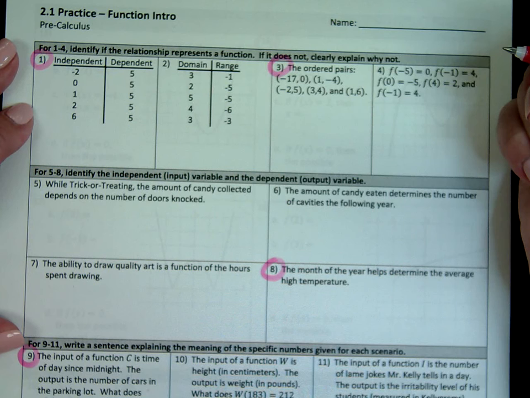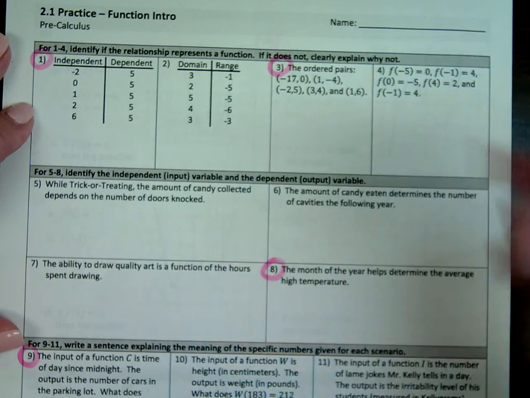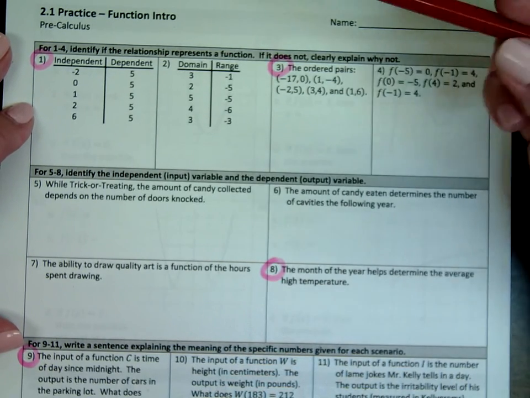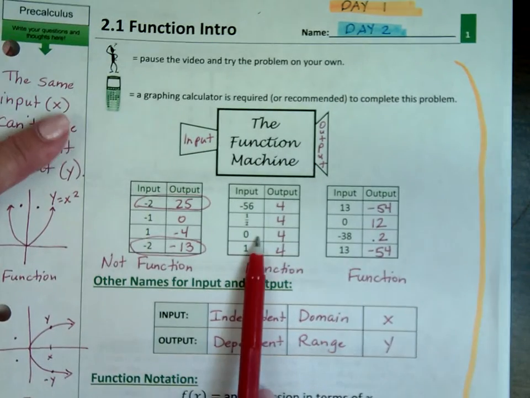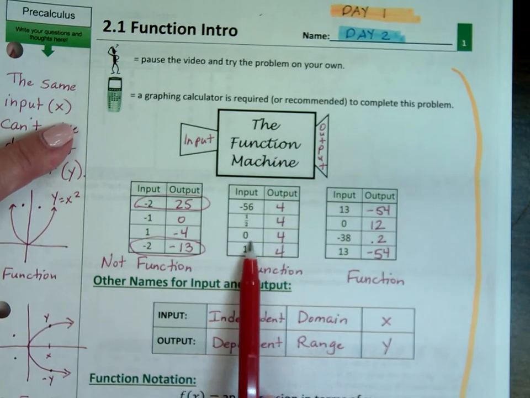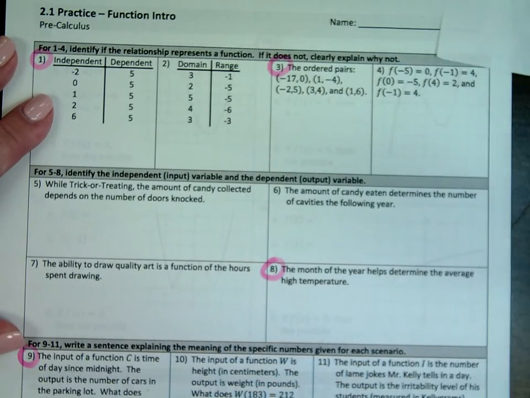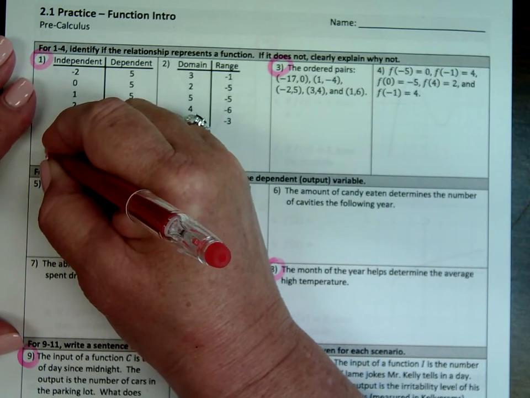Oh my goodness. Okay, so if you go back to the first page, it's kind of like this guy. I can have all of my y's be the same, but the x's are all different. So that one is a function. Remember, the rule is that the same x can't give you different y's. Otherwise, it's going to be a function. So this first one, number 1, is a function.